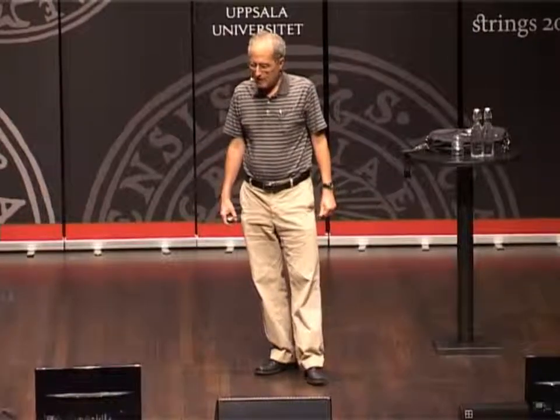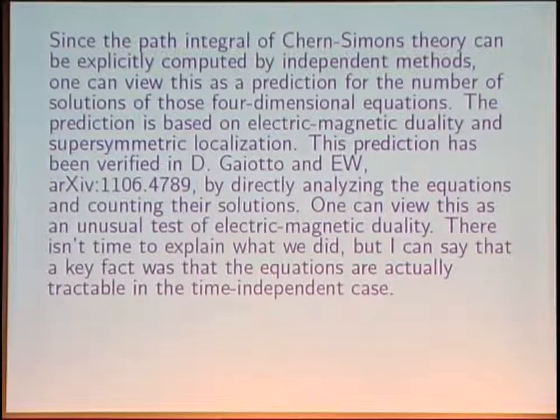Now, there isn't time to explain what we did while also giving an overview, as I'm trying to do today, but one thing I can tell you is that a key fact is that although these equations are hard to understand in general, in the time-independent case, they become tractable. So it's hard to understand the 4-dimensional solutions of those equations, but if you drop the dependence on time, they reduce to 3-dimensional equations that you actually can understand.